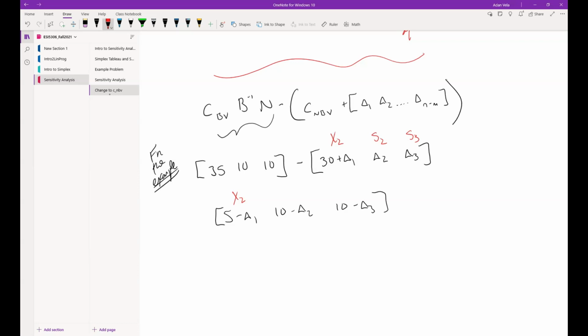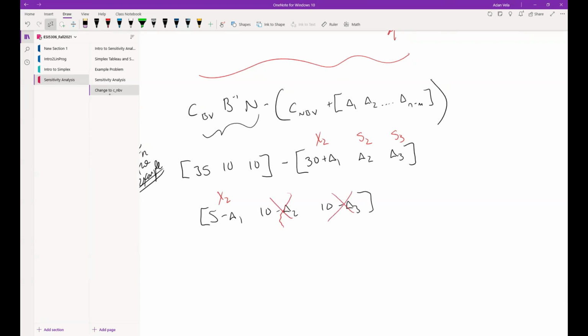So they don't actually have a cost. If we're producing toys, the decision variables are how many trains do we produce, how many soldiers do we produce, how many slides do we produce. The slack variables don't have that same meaning. So whenever you perform a sensitivity analysis, you don't perform it on slack variables.